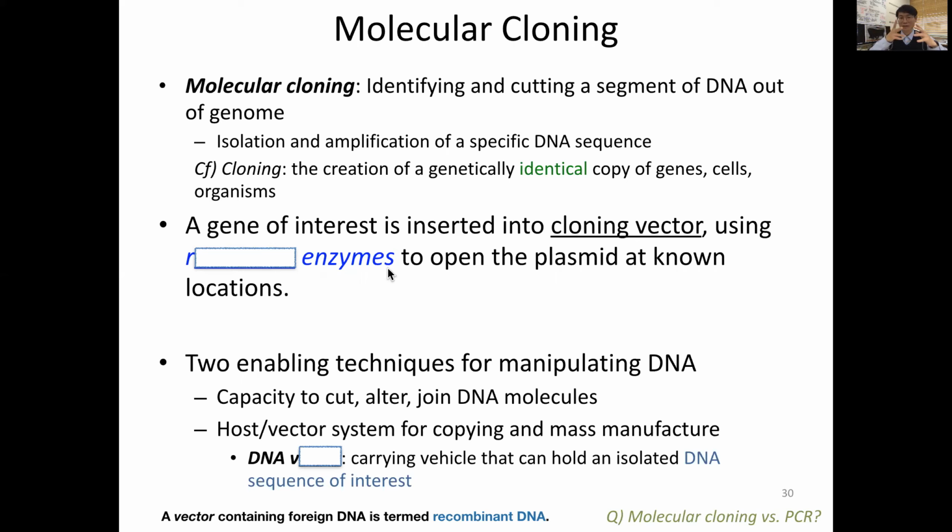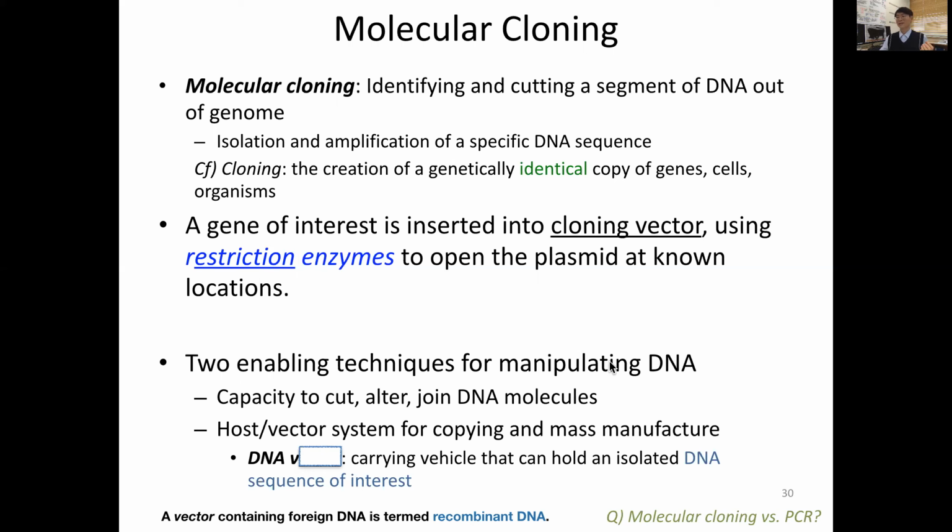Bacteria developed this enzyme to cut this exogenous virus and restrict the growth of the bacteriophage. So people found this enzyme and named it restriction enzyme, as it restricts the growth of bacteriophage inside the bacterium.